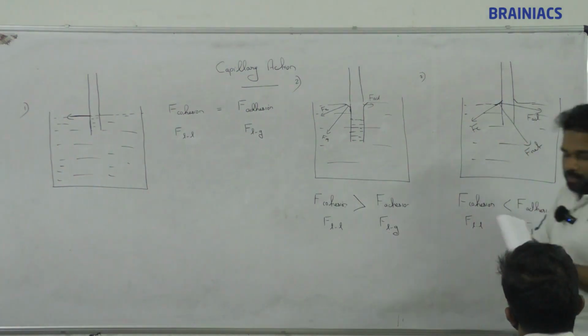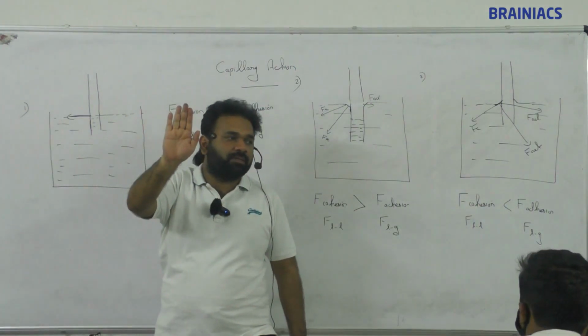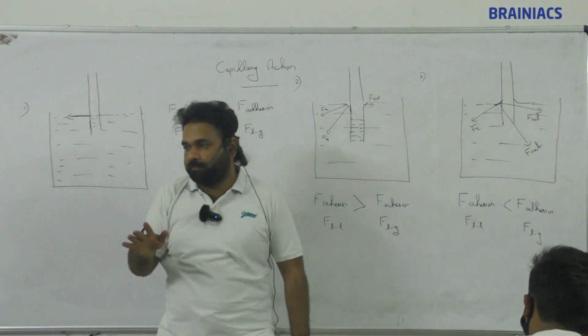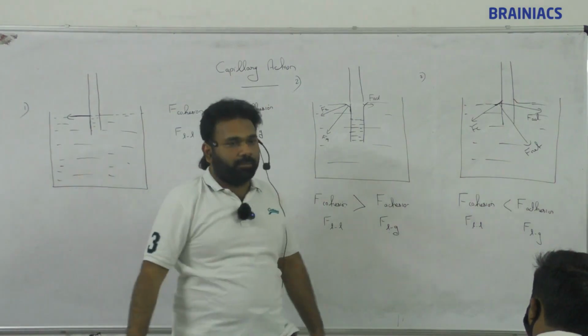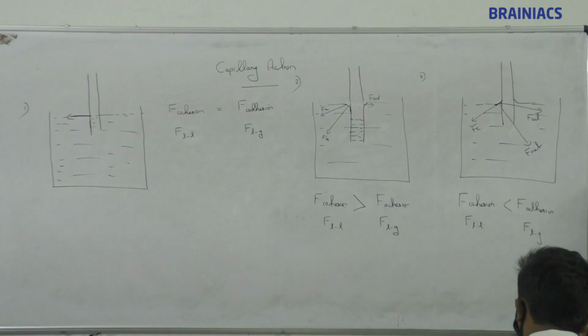So I told you, the water surface will be in such a way that its normal will be the direction of net force in the beginning. Okay, so that is what is happening here. Okay, clear? So those who do not know, please note down this. We will get into the details now.